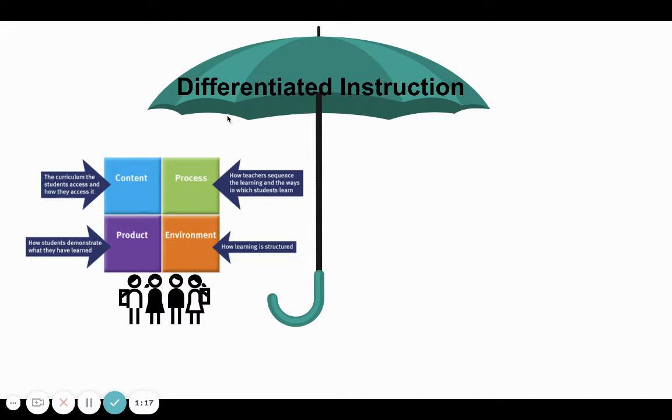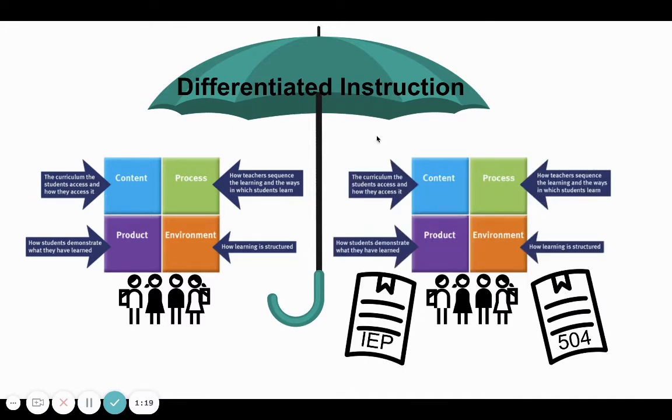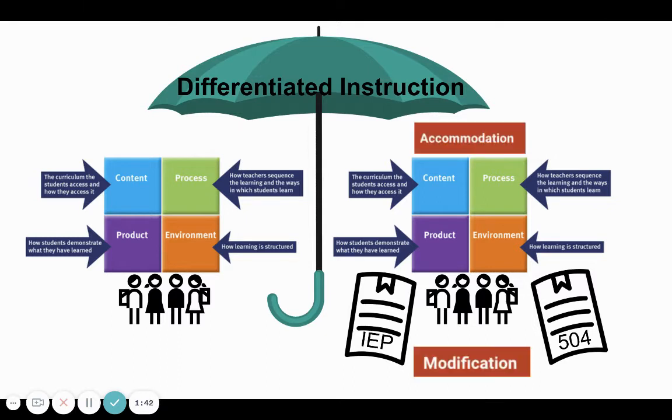Now, when we're talking about students who have an IEP, students that are on a 504 plan, so think of our students with special needs or other students that have documentation that requires us as teachers to provide very specific changes or adjustments to how we deliver instruction or how our students demonstrate understanding. This is when we start to use these terms: accommodation and modification.